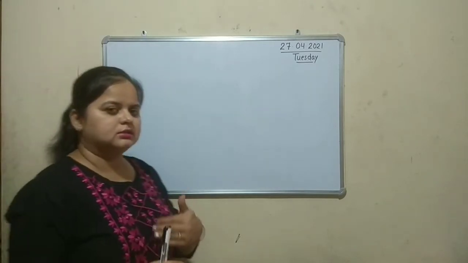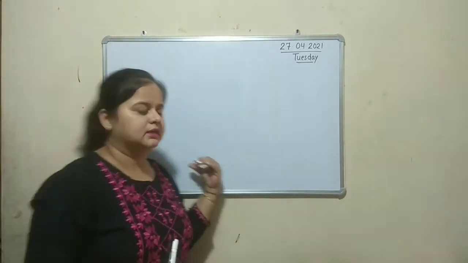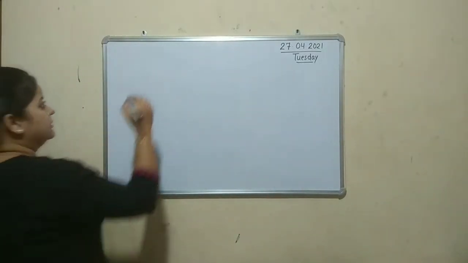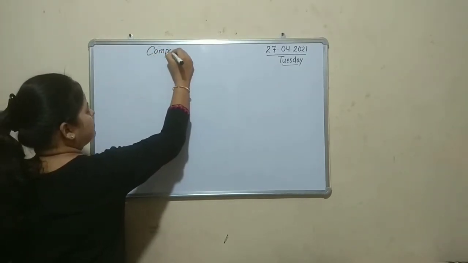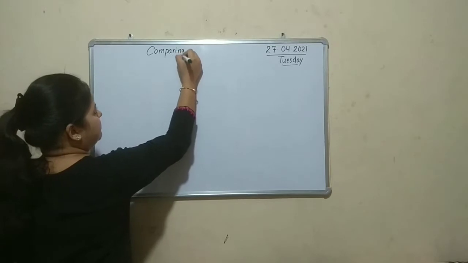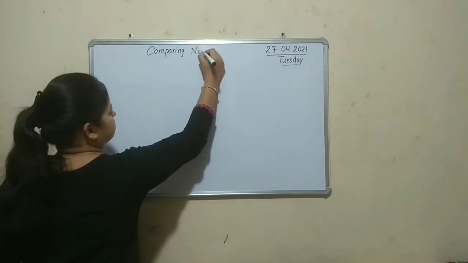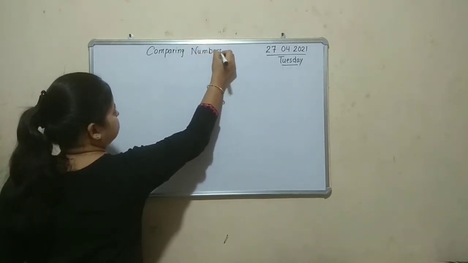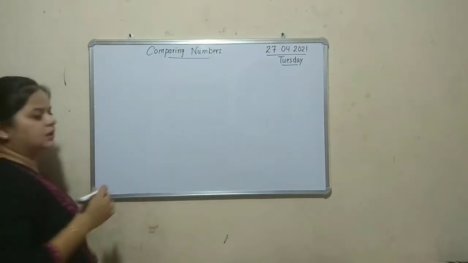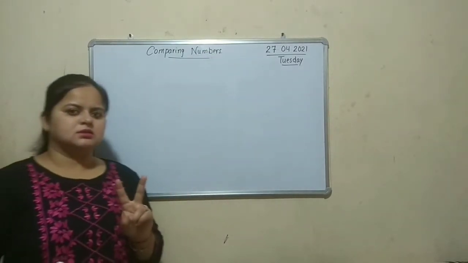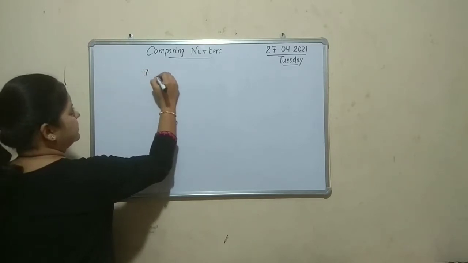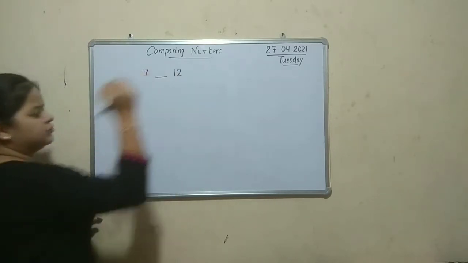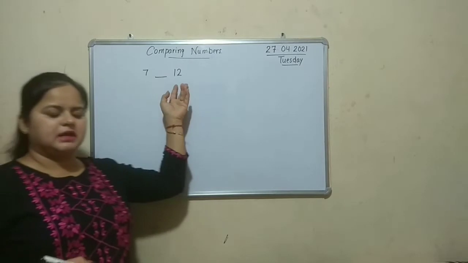First of all, see at the board and understand the topic. Comparing numbers. If we have two numbers for comparison, then always keep in mind, like we have two numbers 7 and 12.